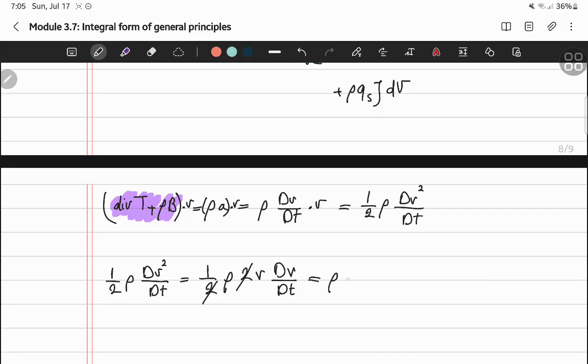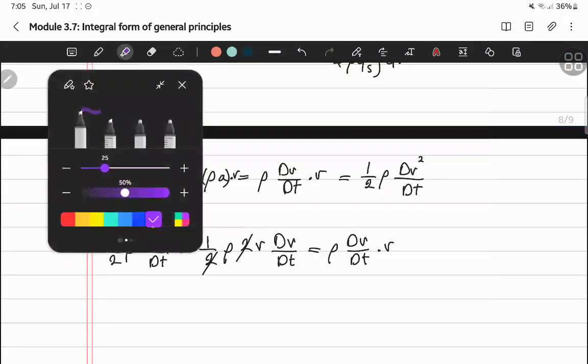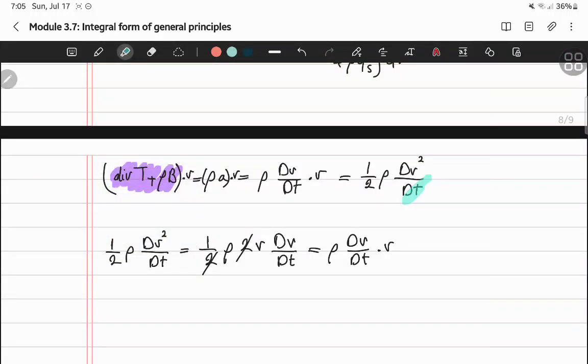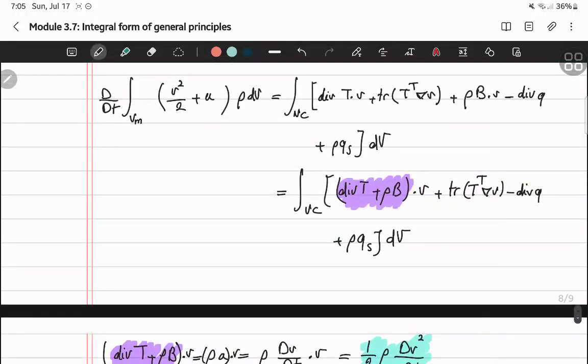So it becomes rho dv/dt dot v. So I can change this color in here. So this is provided in here. So therefore, we have this expression in here.